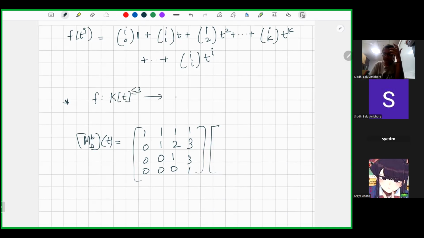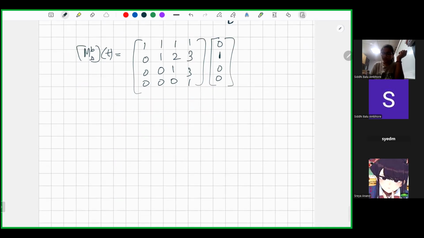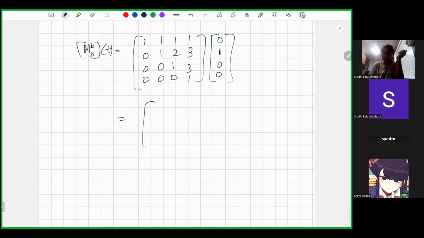This is bad notation, but if I evaluate it with respect to t, it will be 0 1 0 0, right? That will be my matrix, and if I multiply, this will be 1 1 0 0, which is t plus 1, which is correct, right? This is t plus 1.